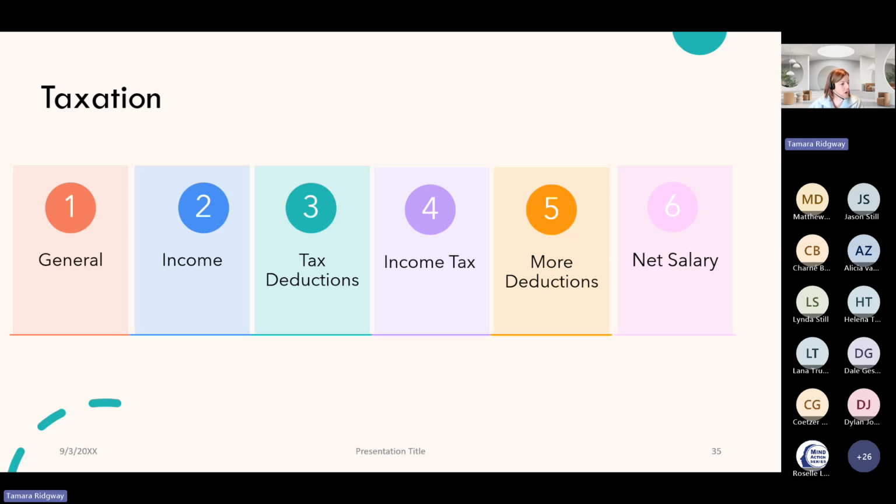So we are now on to more deductions. By now, my students are confident. They know all this vocabulary. They know how to and what to deduct prior to working with the tax table.